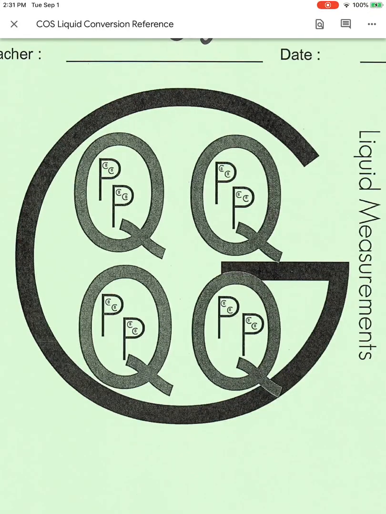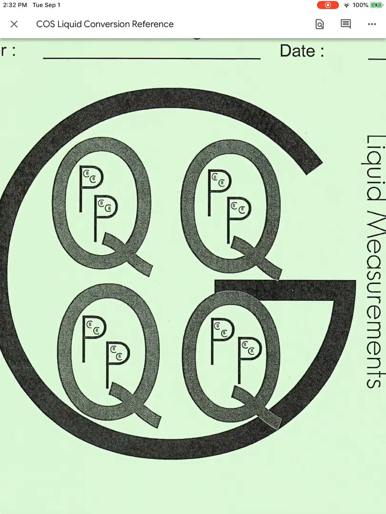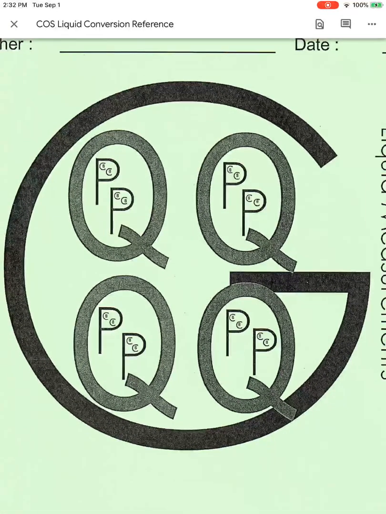And then in each one of the quarts, there's 2 pints, 2 P's, 2 C's in each of the pints. Those are cups. And then the little teeny tiny things that maybe you can't read are eighths, to show you that there's 8 ounces in a cup. So that is a cool picture. You can probably close your eyes and see the picture. It might help you with knowing some of the facts about liquid measurement.